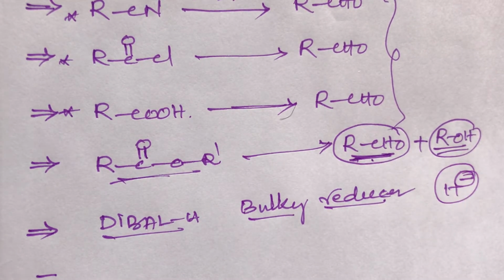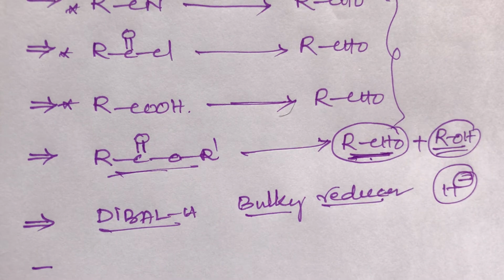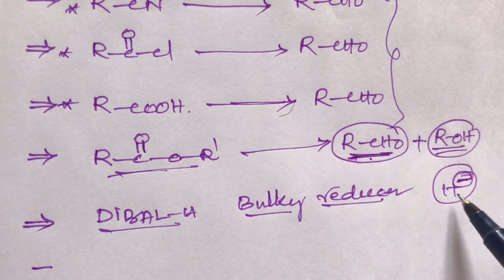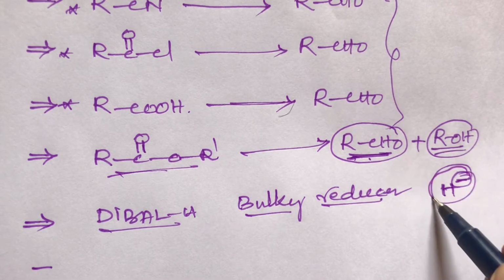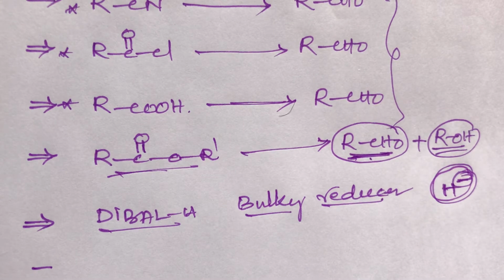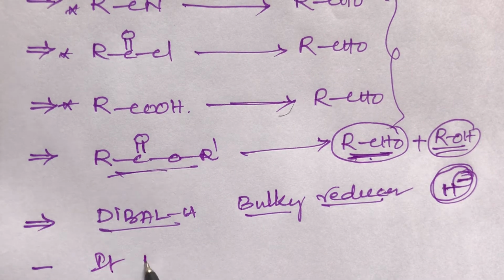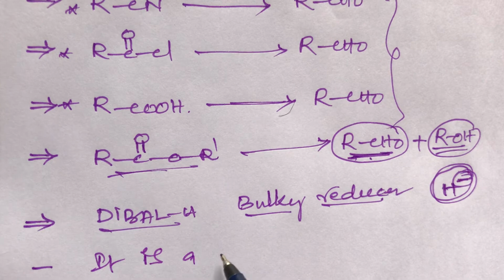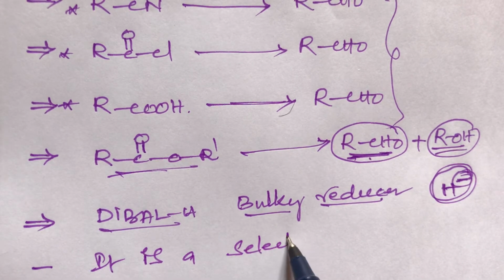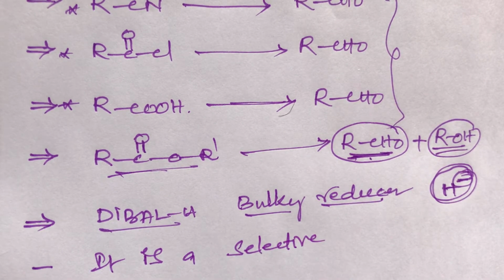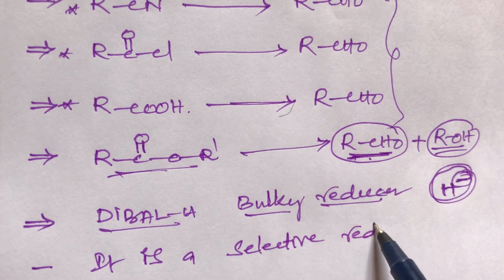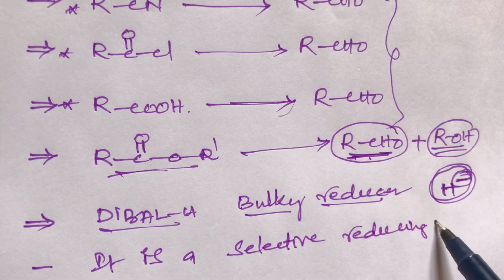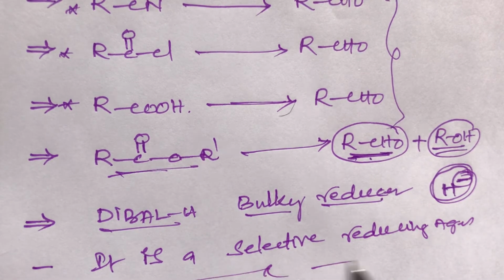This is a very important function. Dibal gives H minus, that means hydride ion. And another point is that it is a selective reducing agent. It is also a very important point, students.